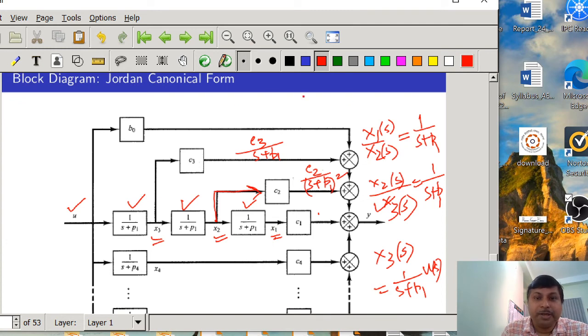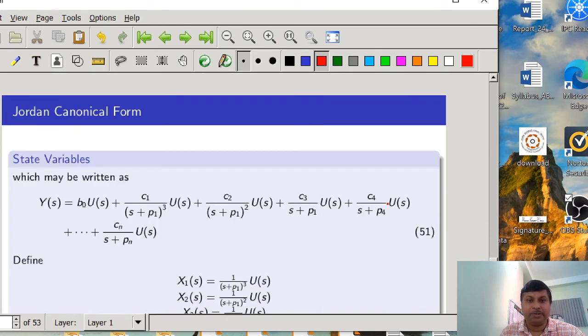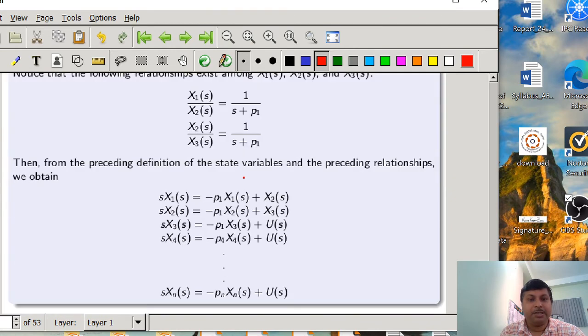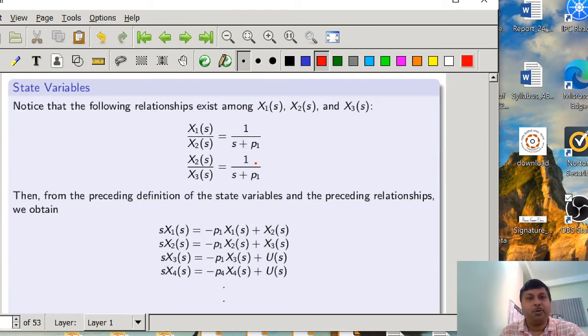Yes, it is fine. So X1 by X2 is 1 by (s plus p1), and X2(s) by X3 is 1 by (s plus p1).